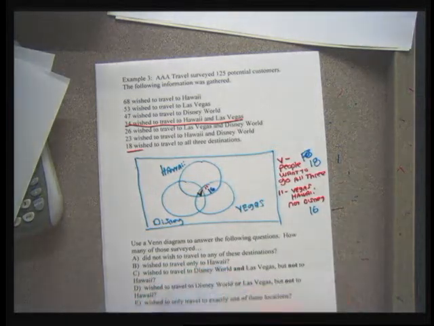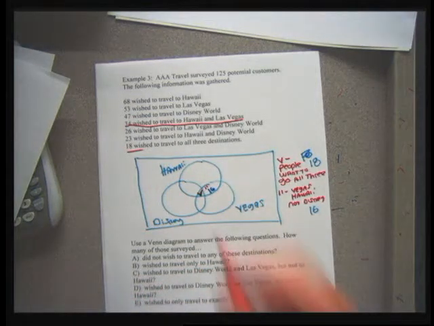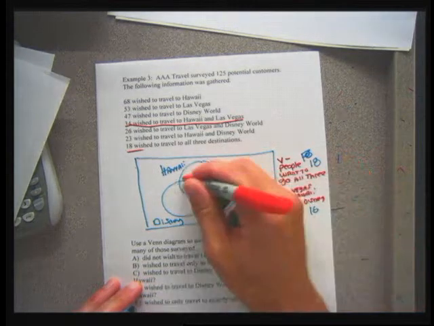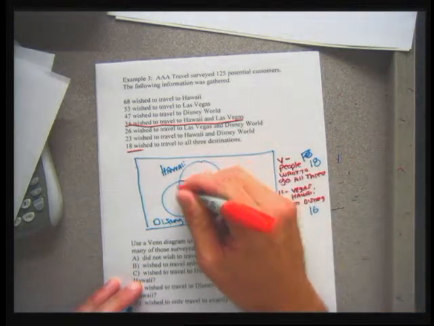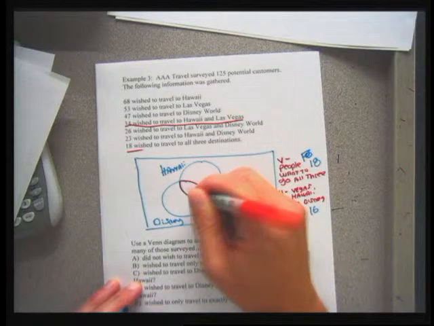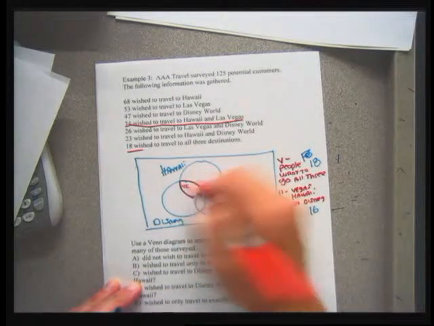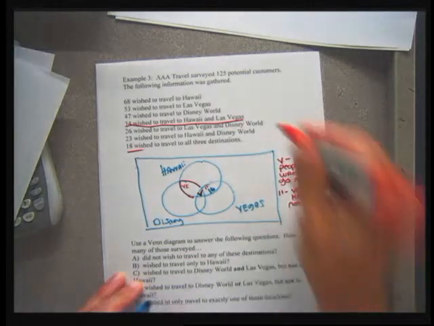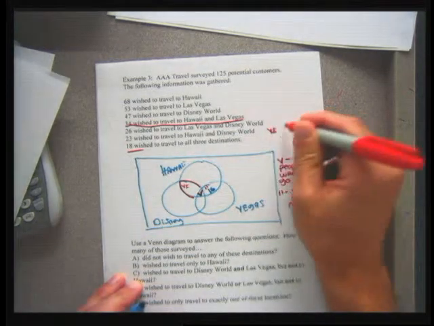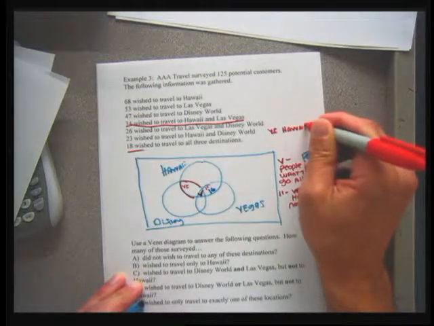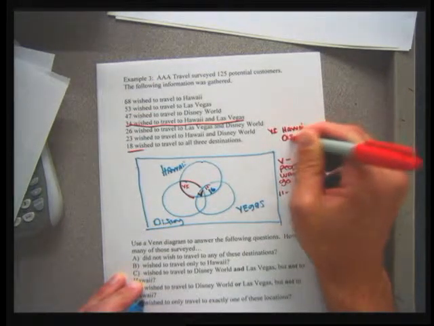The next thing I'm going to look at is one of the other overlapping regions. This region right here, which is region 6, represents people that want to go to Hawaii and Disney.